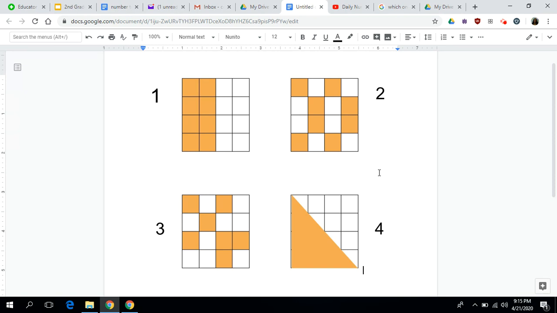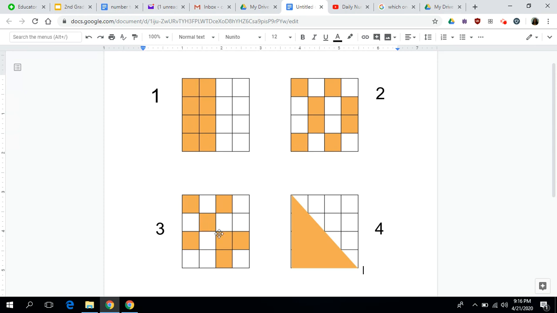If you haven't already thought of a reason why boxes 1 or 2 wouldn't belong, try and think of that now, and then I'll do my best to share my thinking as well. The reason I think box number 1 does not belong is because it's the only box where all of the boxes are shaded in one after the other in this type of format.